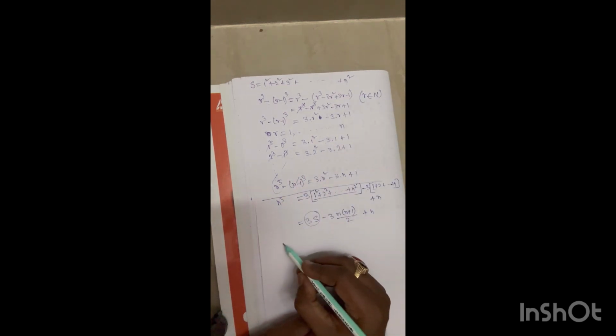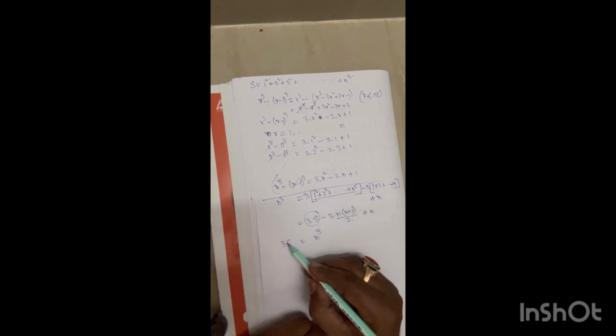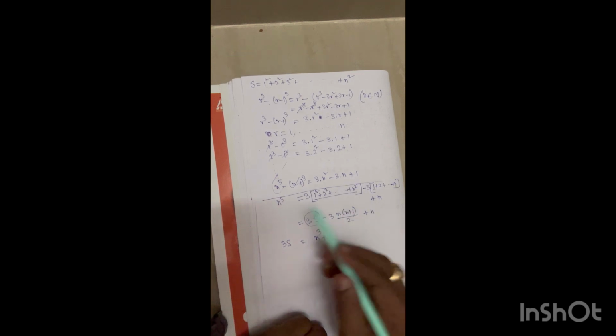So I can put all the unknown on one side and the known on the other side. Keeping 3s on the left side, the other things go to the other side, and the sign will change, because these are moving to the side of n cube. Now what I have to do is calculate all this.